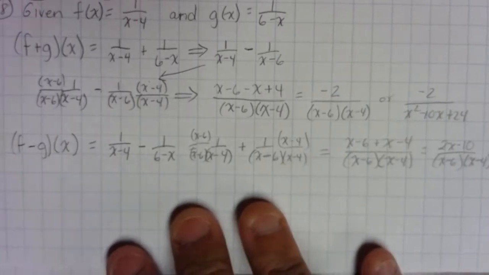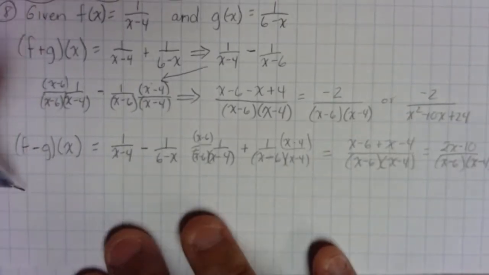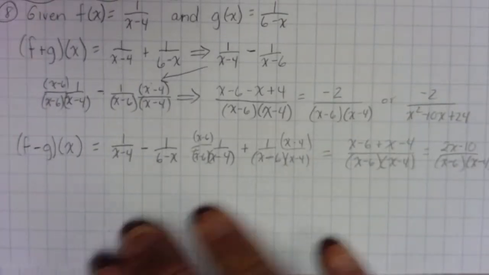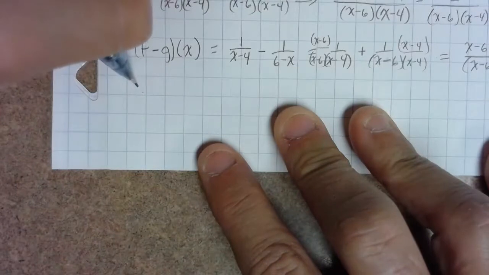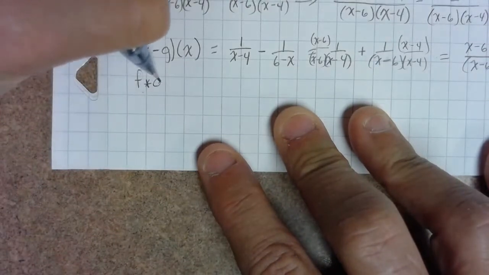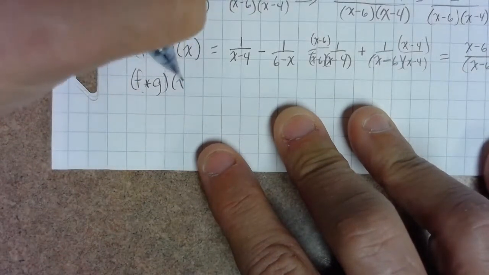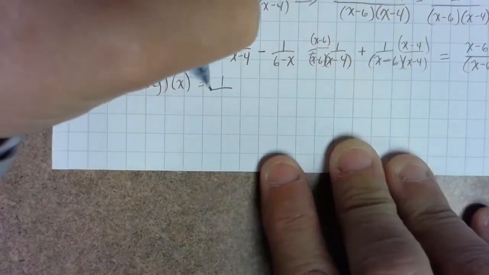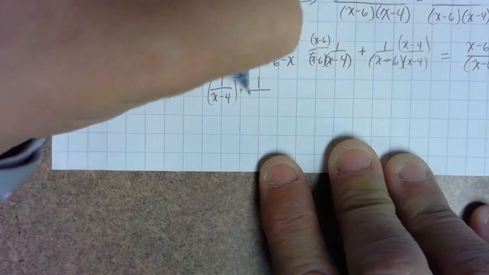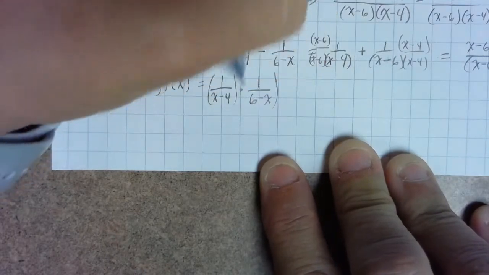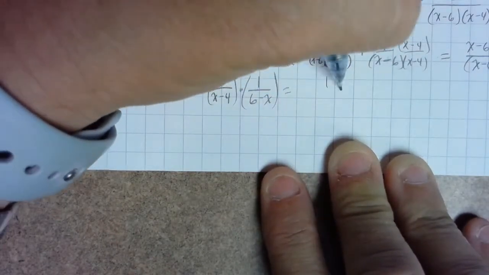Okay. Let's see if we can get the multiplication and division done on this page. F times g of x, 1 over x minus 4 times 1 over 6 minus x equals 1 over, and then just FOIL it.